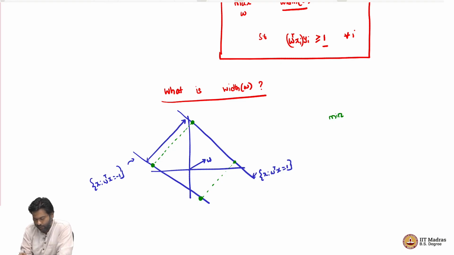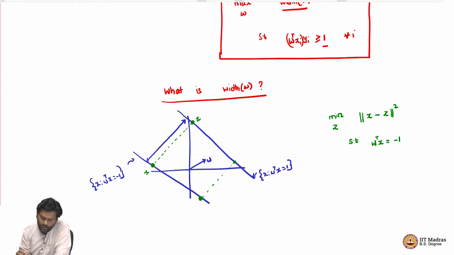I want to find, minimize over some z, let us say, the norm of the distance between x and z squared, such that W transpose Z equals plus 1. Let us call this x, this would be our z.